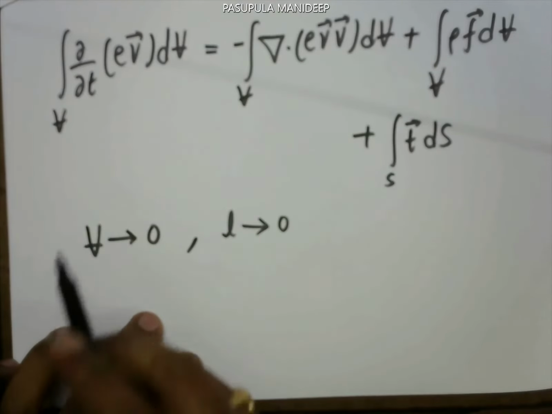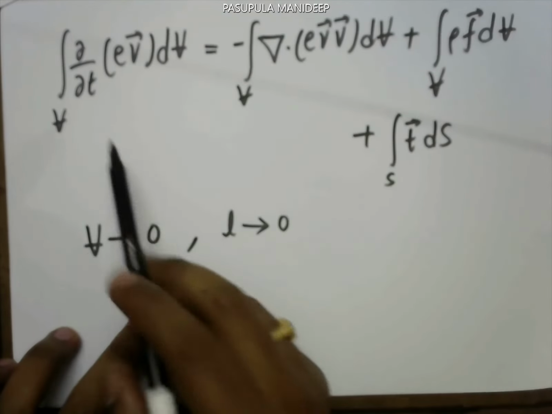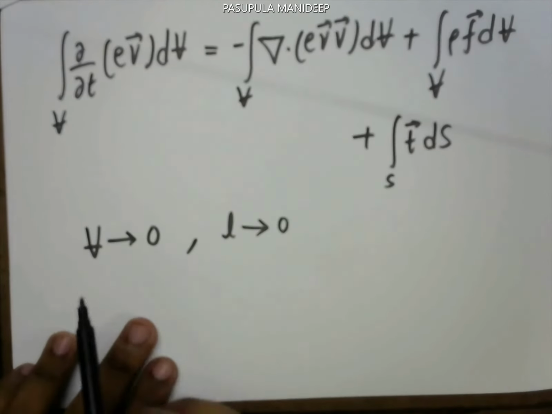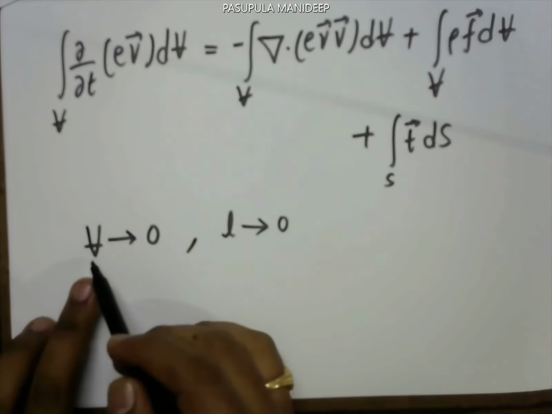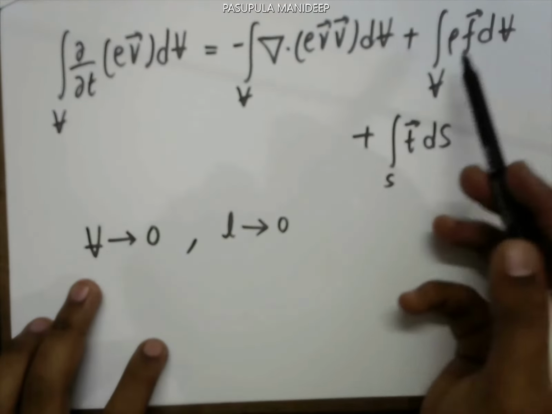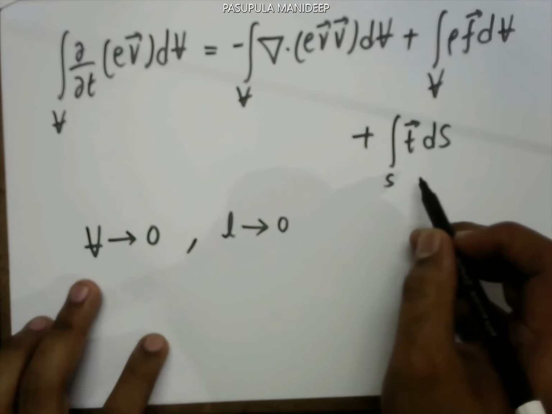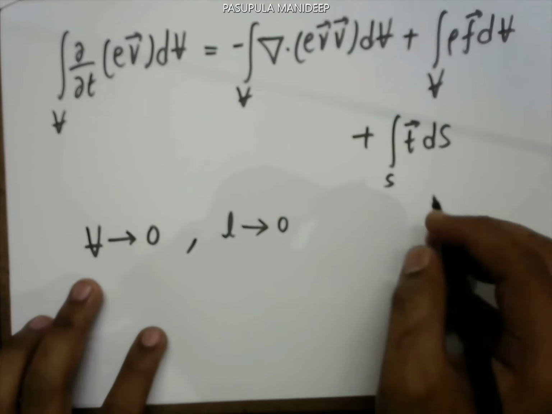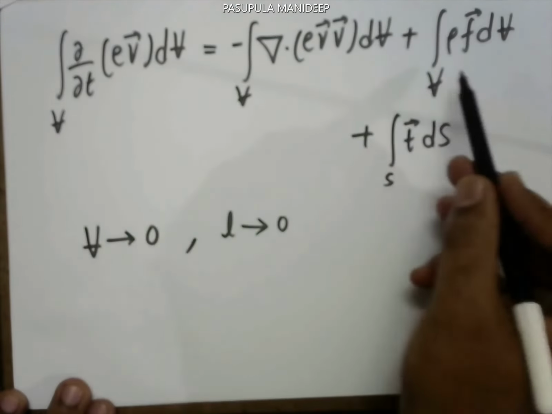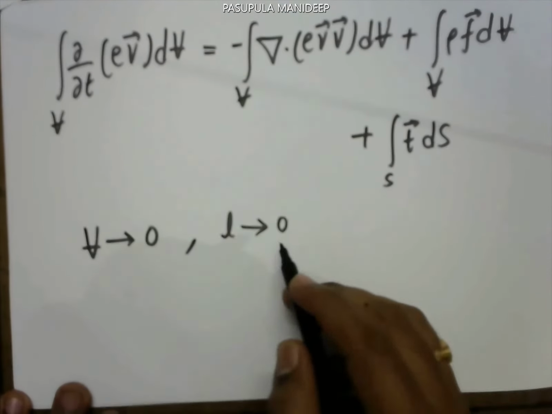So all the volume integrals approach zero, since they are proportional to L cube, right? As volume goes to zero, L cube goes to zero. These are all proportional to length L cube, but this element is proportional to L square, right? Now let us divide this whole equation by S and take the limit L to 0.